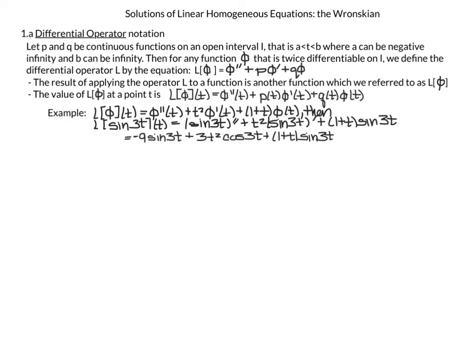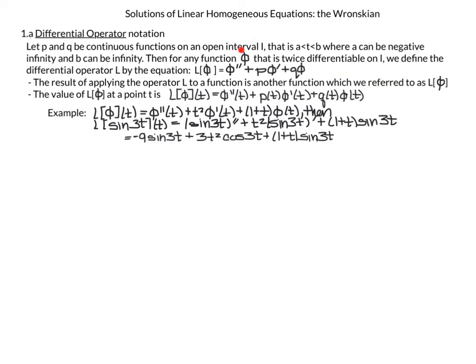Okay, as I said, we would start with the differential operator notation. So let P and Q be continuous functions on an open interval I, that is, t is between a and b, that's our interval, where a can be negative infinity and b can be infinity.